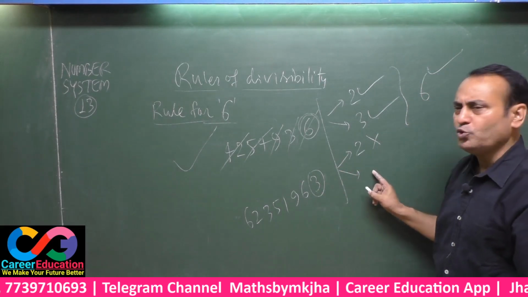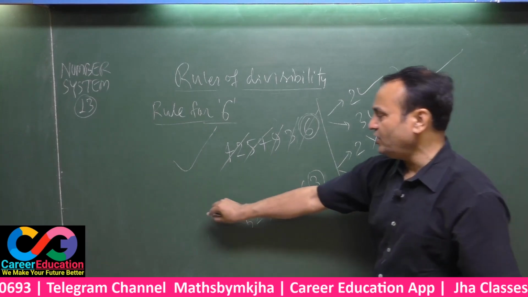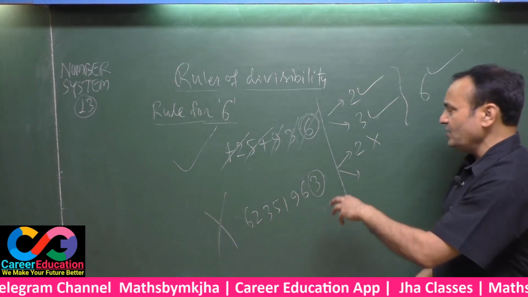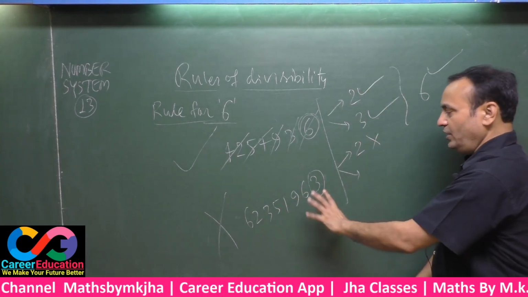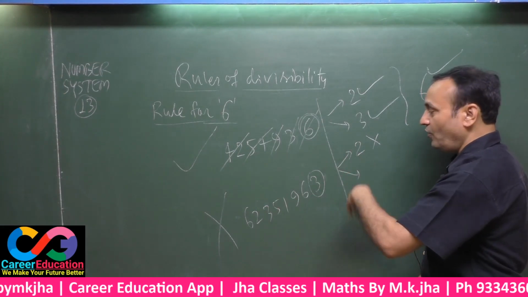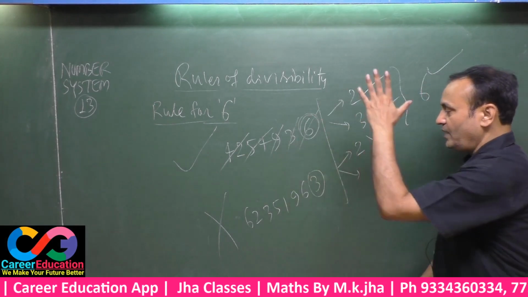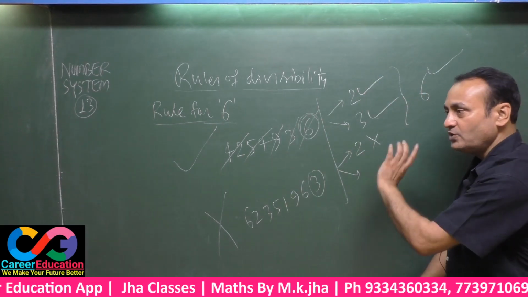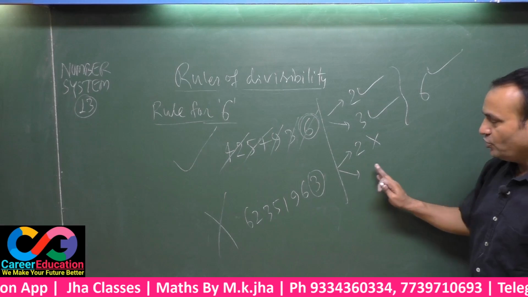That means no need to check for 3. This number is not divisible by 6 as it is not divided by 2. Whether it is divisible by 3 or not, the answer will be only this: the number is not divisible by 6 as it is not divided by 2 completely. No need to check further.